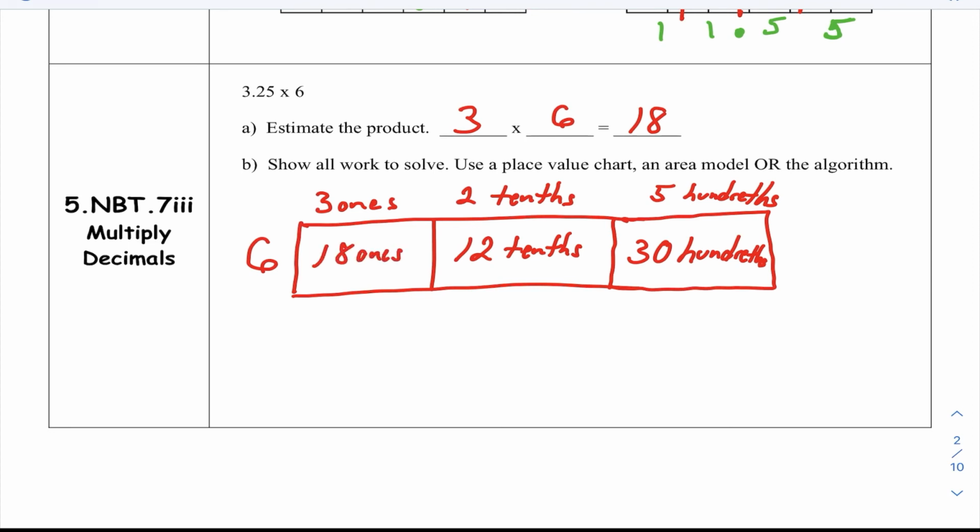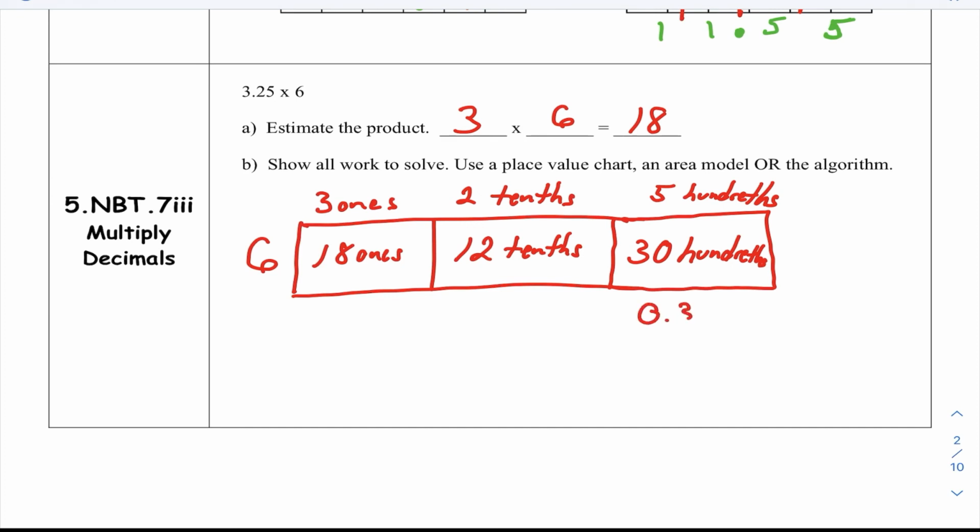Okay. Now I just need to convert each of these into a standard form so I can find the sum. So I can add these up. So 30 hundredths. Well, I know that every 10 hundredths make 1 tenth. So I have 3 tens there. So I have 3 tenths. So 30 hundredths is equal to 3 tenths.